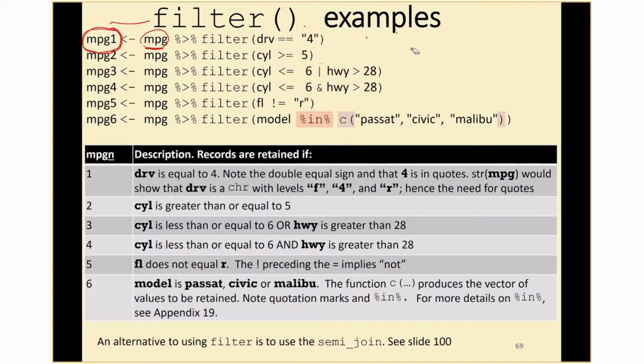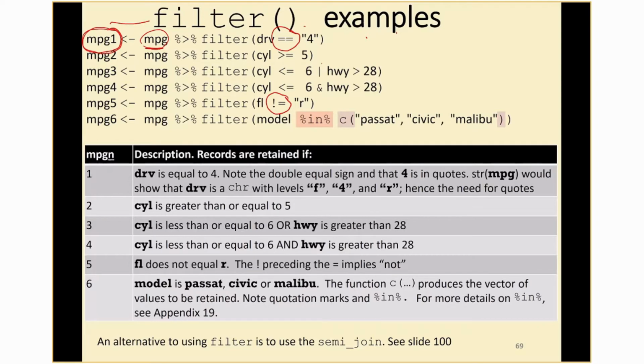And in the next instance, we want to use and, so that the only records that are retained are those for which the cylinder is less than or equal to 6 and the highway mileage is greater than 28. In this example here, up here we use the double equal sign for equals to. Here we've got the equal sign preceded by the exclamation point, not equal to, so the only records that will be retained are for those for which the fuel does not equal R.